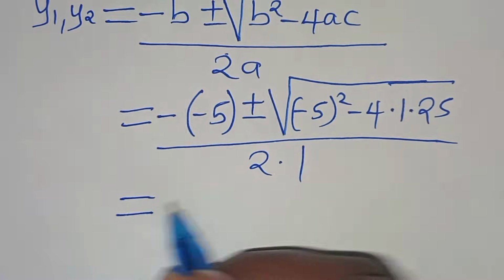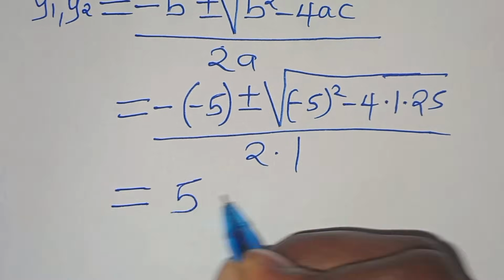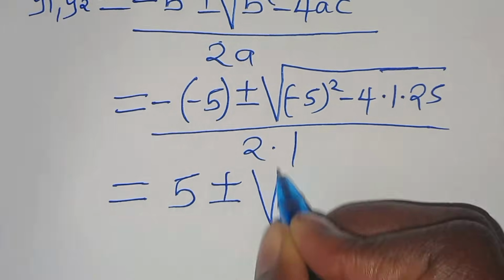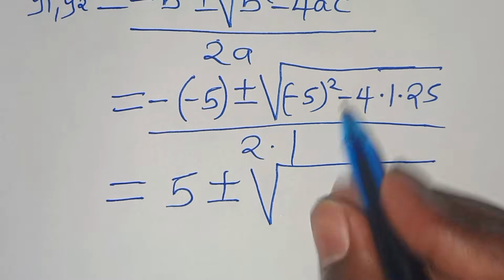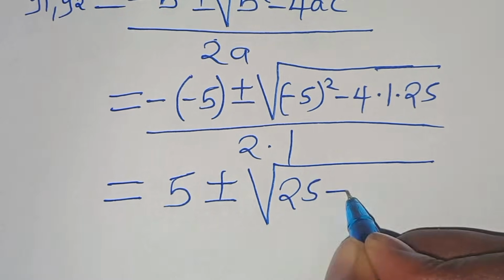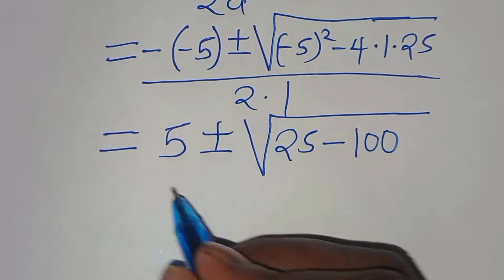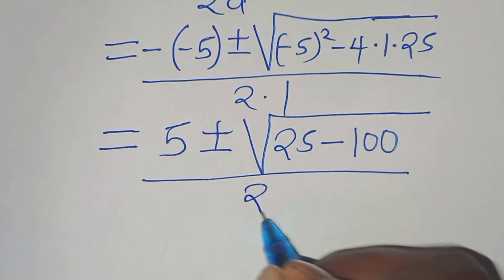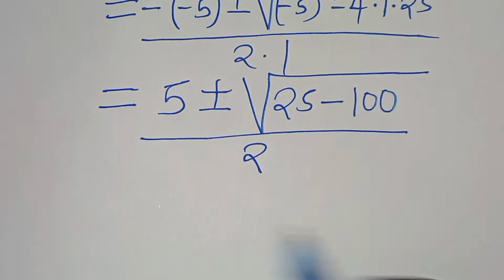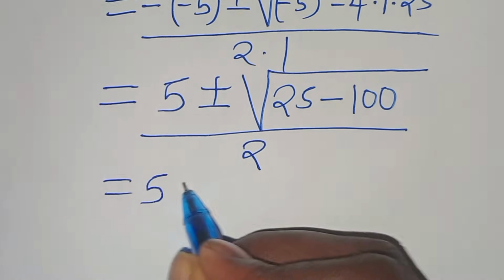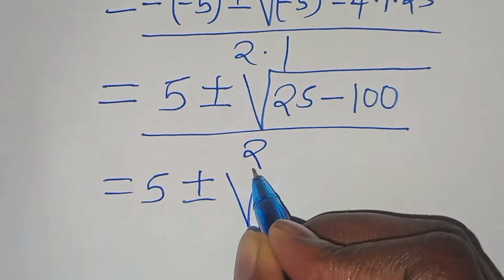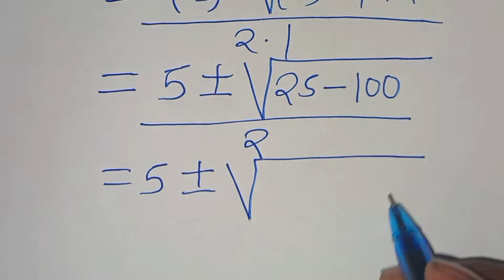So here we have minus times minus 5, this is 5, plus or minus the square root of minus 5 squared, this is 25, minus 25 times 4, this is 100, divided by 2. So this is 5 plus or minus the square root of 25 minus 100.